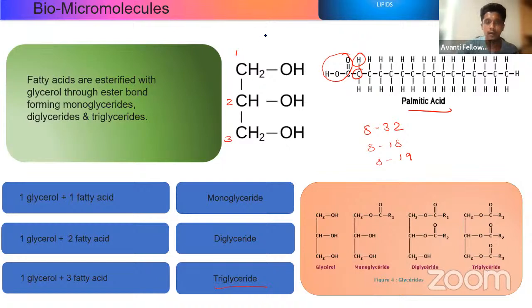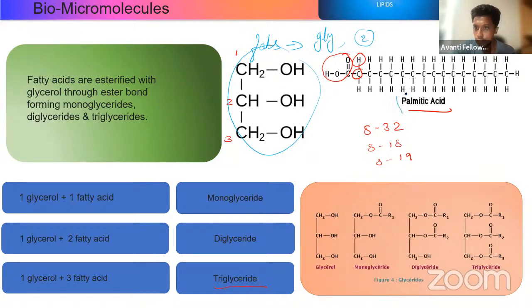See, when we talk about fats, the fats are made up of two components. One is your glycerol. This is your glycerol molecule. And the second component is your fatty acid. You can see here, palmitic acid. So the glycerol molecule and the fatty acid have to combine together to give rise to what? Fats.